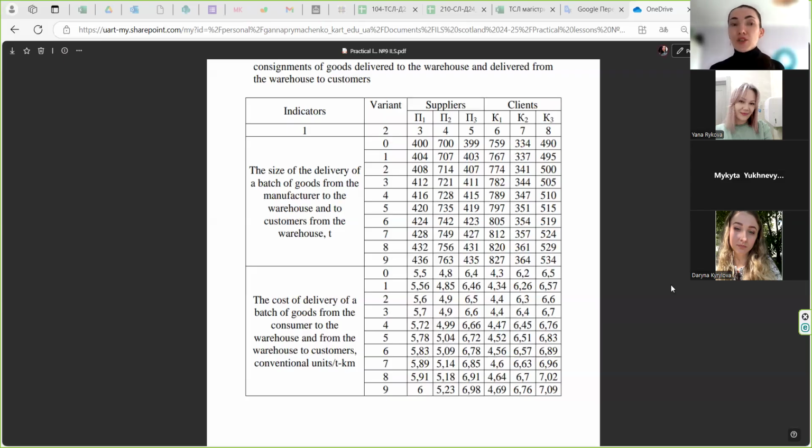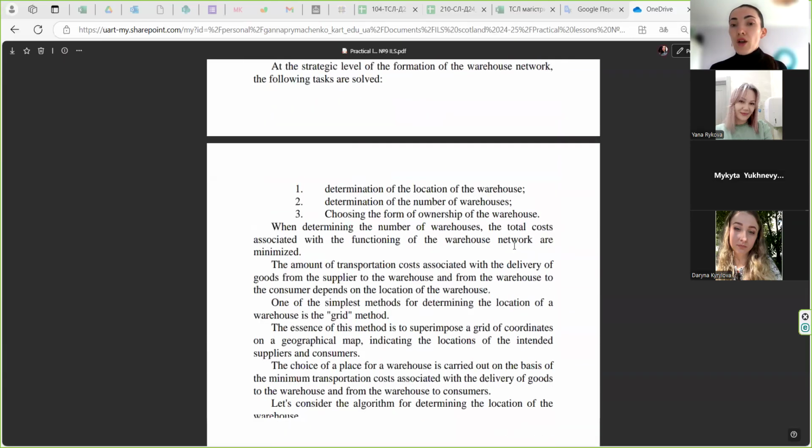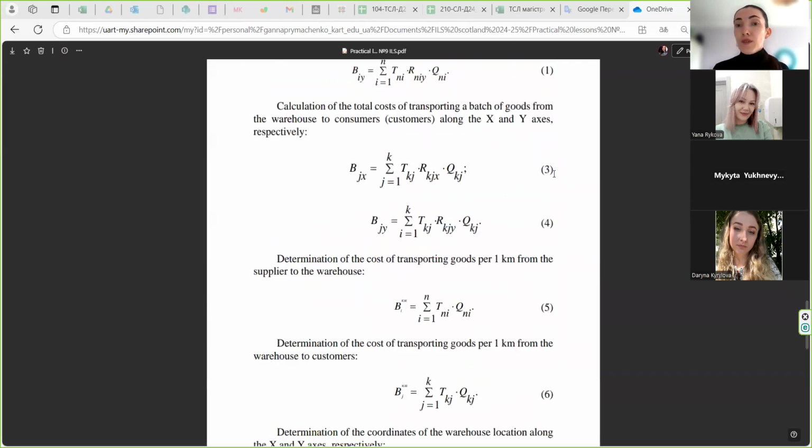So thank you very much that you came to work today. We stopped today on our formula number 3, and on the next lessons we can continue from formula number 4 and find where our warehouses are located. So I stop using our screen and our records.